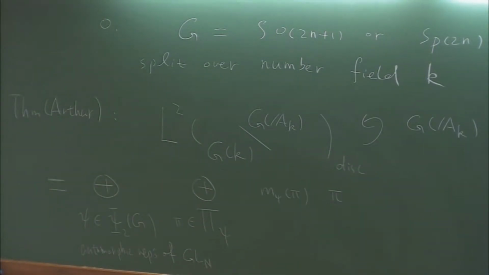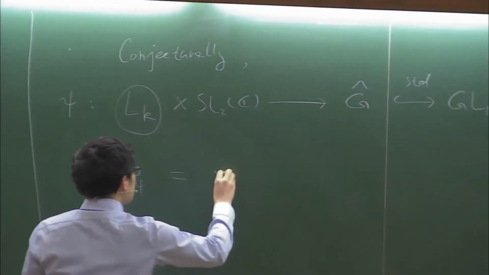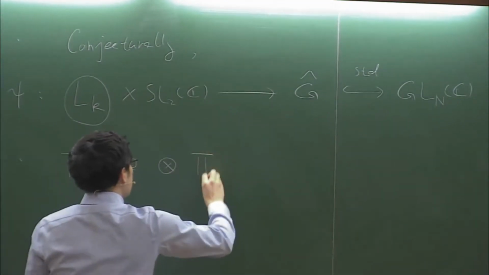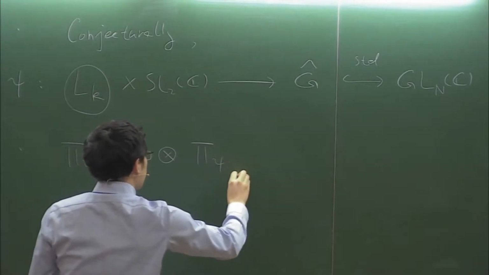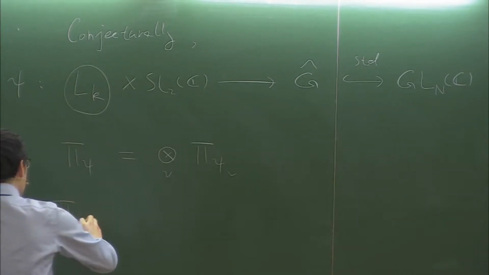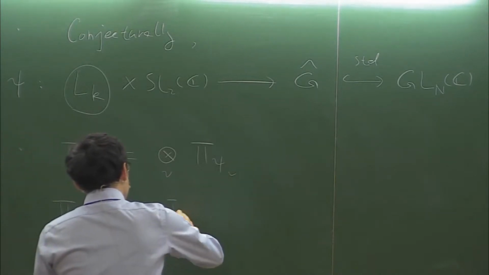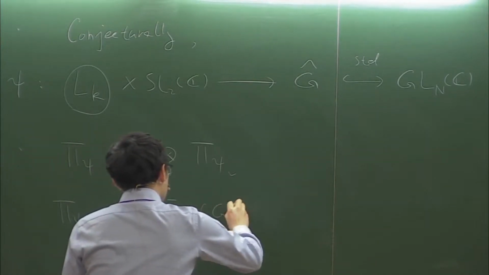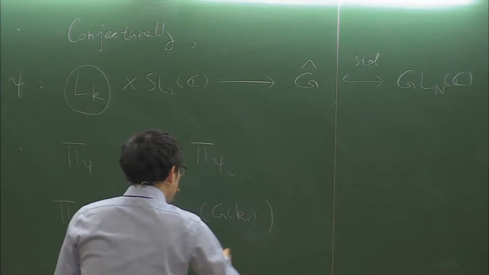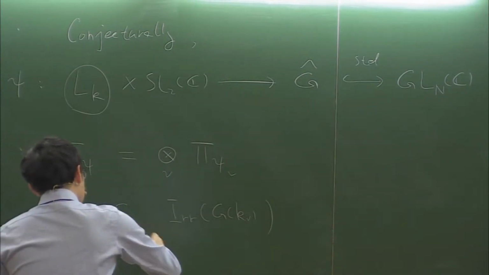And it's a global object, but it's part of the theorem that you can decompose this, just like you're decomposing a single irreducible automorphic representation. Okay? And these local components, again, they are subsets of the isomorphism classes of irreducible representations for the local group. Okay? And we also know that this is finite.